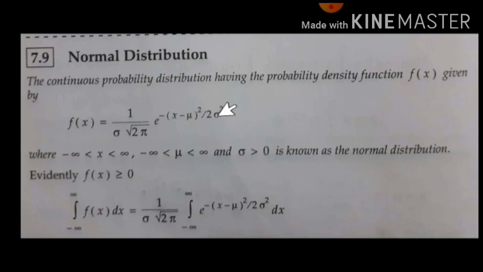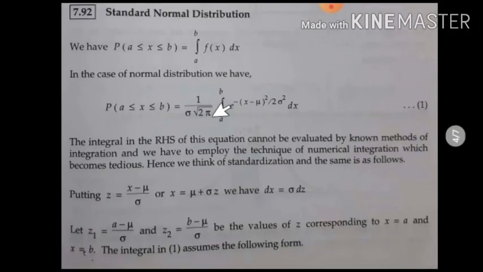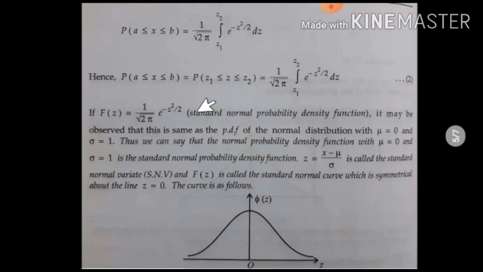Only x square, and sigma is equal to 1. So with sigma as 1, what function did I get? 1 by root 2 pi e to the power of minus, instead of x, z square by 2. So what we mean to say here is that the standardized function we got is also a probability distribution function, but it occurs with the condition when mu is 0 and sigma is 1.